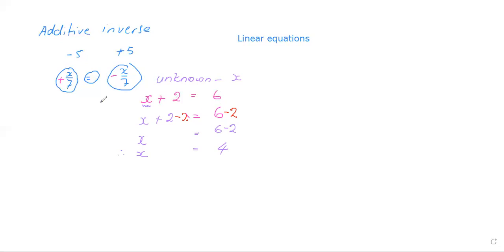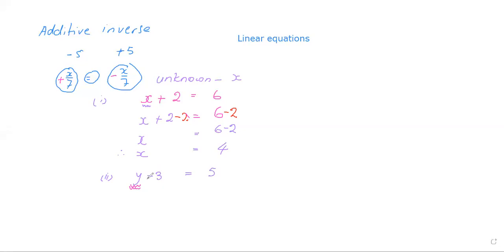Now let's look at the second one here, where you have y minus 3 is equal to 5. Our unknown here is y. We are supposed to solve for y, not y minus 3.